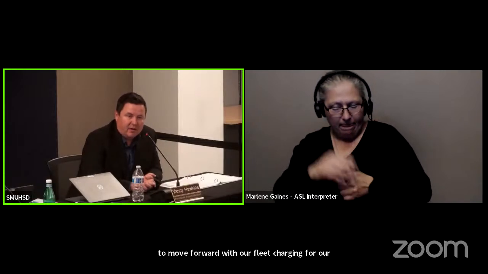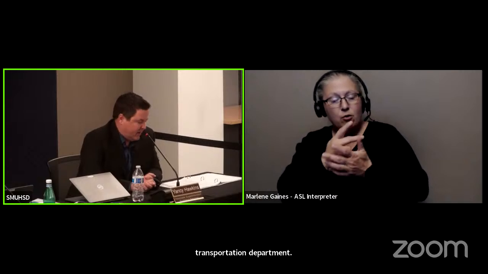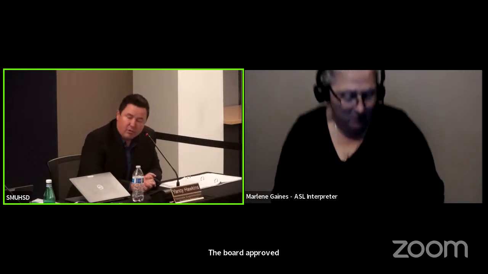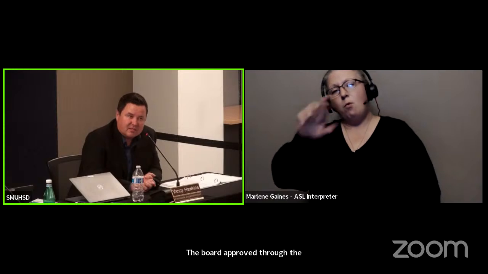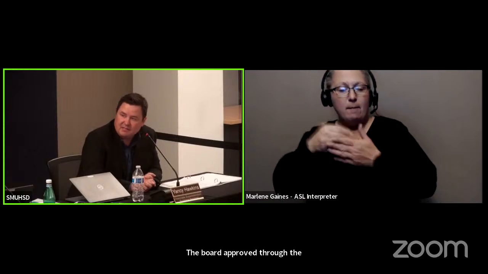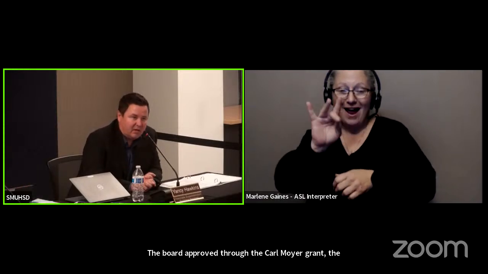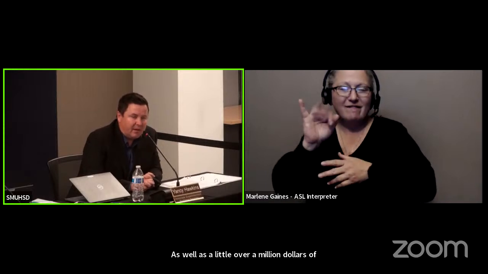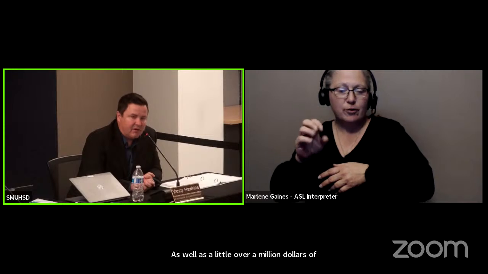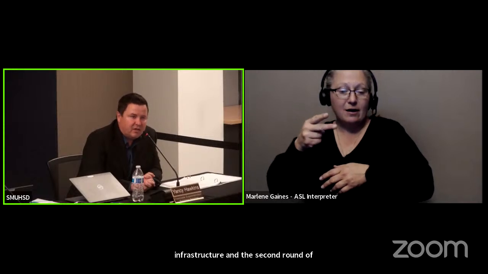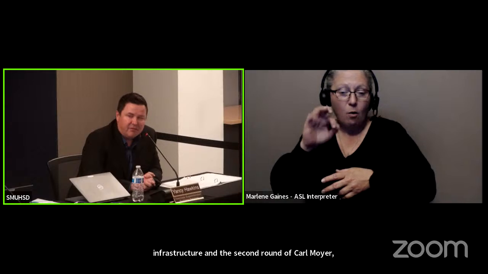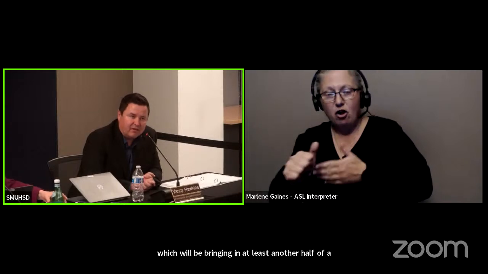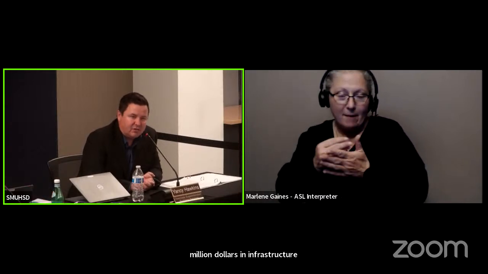The board approved, through the Carl Moyer grant, the purchase of fully funded 8 buses, as well as a little over $1 million of infrastructure. And the second round of Carl Moyer will bring in at least another $500,000 in infrastructure funds, in addition to additional buses.